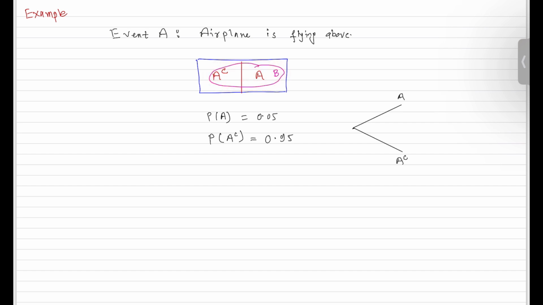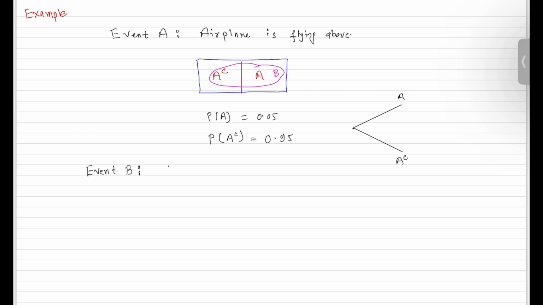Let's suppose there is an airplane in the sky. Let me first of all describe the event B. What is this event B?